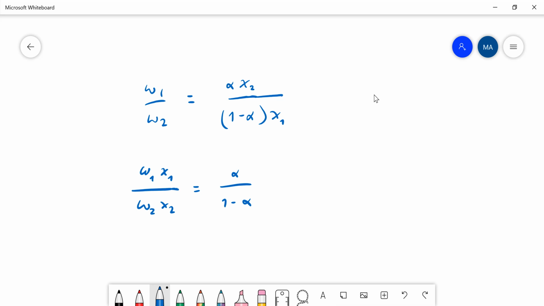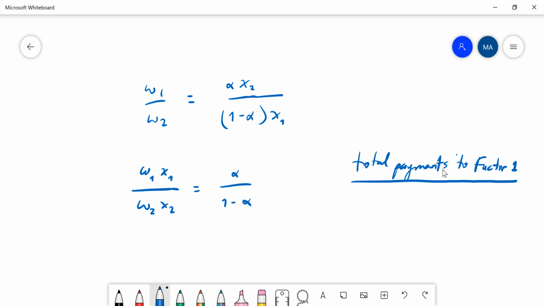But in the SAM, you have basically these numbers: total payments to factor 1 divided by total payments to factor 2.